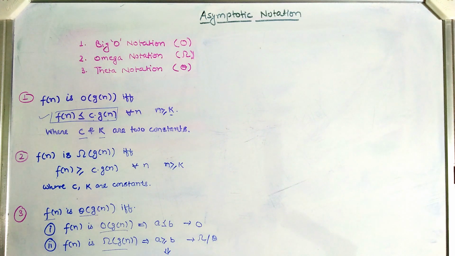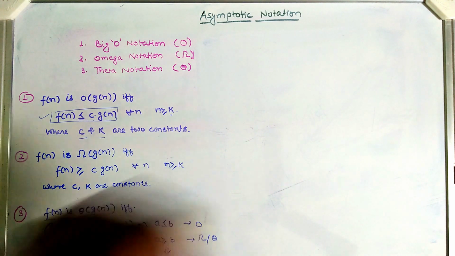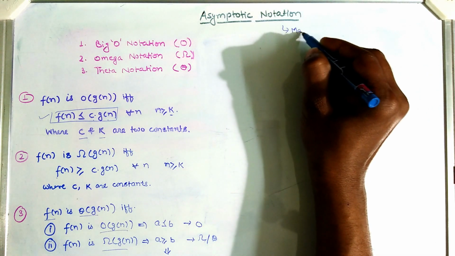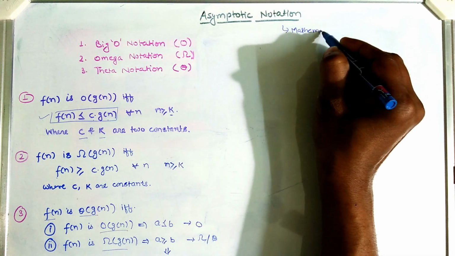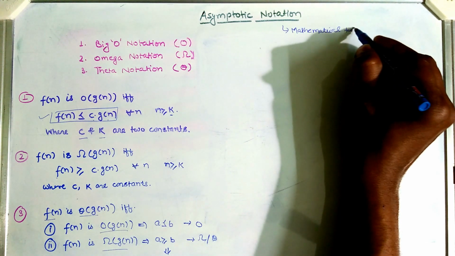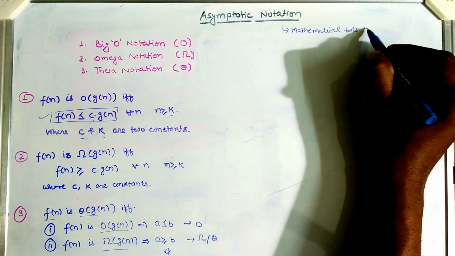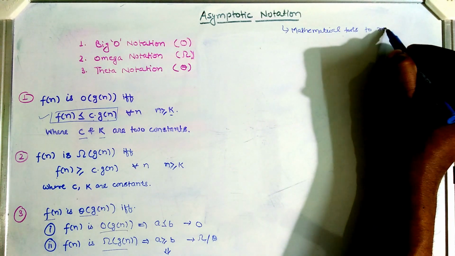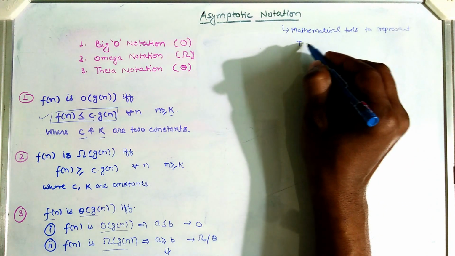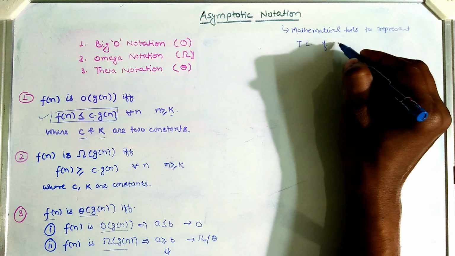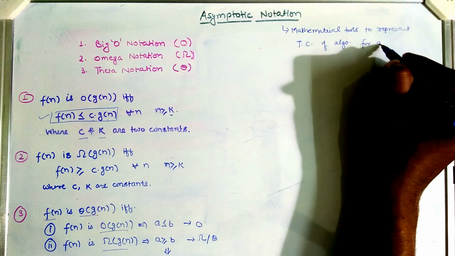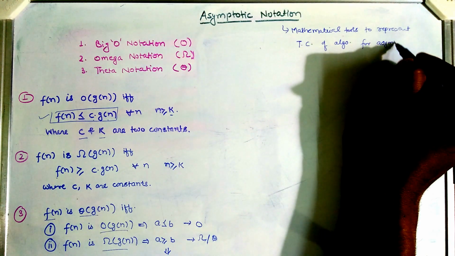So asymptotic notations are nothing but some mathematical tools or mathematical representations to represent the time complexity of an algorithm for asymptotic analysis.